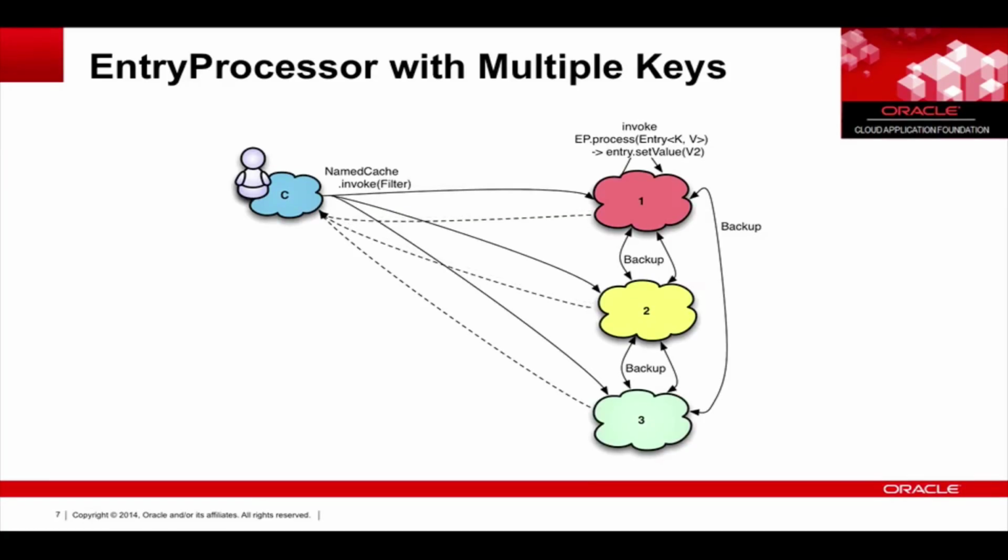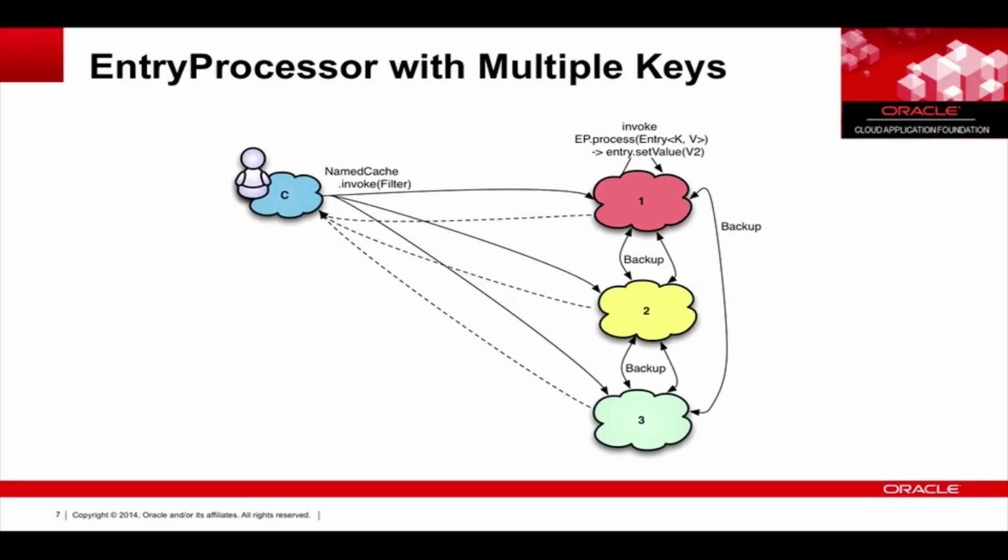And again, if we look at the filter approach, now the filter has to go to all storage nodes, because the filter is a predicate that is executed on all the keys that are owned by that storage member, such that those keys can be reduced to a subset, and the entry processor is executed on the subset. And again, that's a potential reduction.